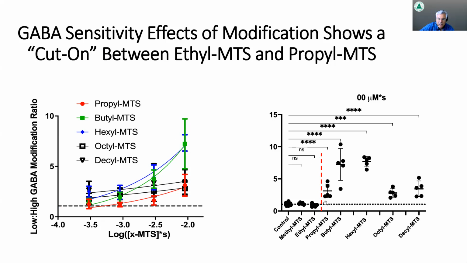But most importantly, we see that ethyl and methyl MTS really cause no change relative to control exposures, which are to GABA alone. And we see the onset of effects at Propyl-MTS. So there's essentially a cut-on effect seen with the modification with Propyl that's not seen with ethyl.